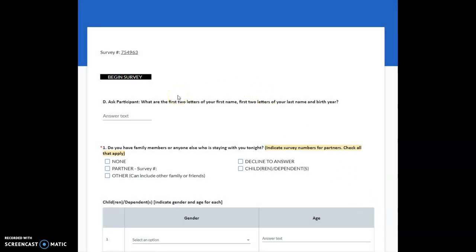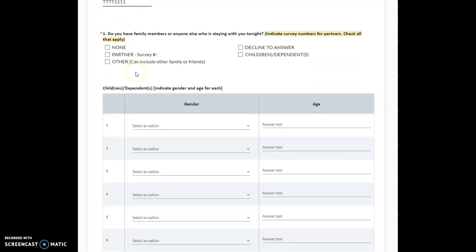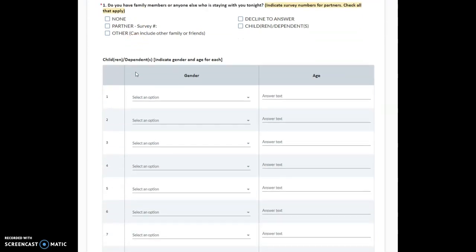And now this is the first question that you'll ask the participant. So this is the unique identifier. So what are the first two letters of your first name, first two letters of your last name, and your birth year? Now we'll ask, do you have any family members or anyone else who is staying with you tonight? And this is a check all that apply question.